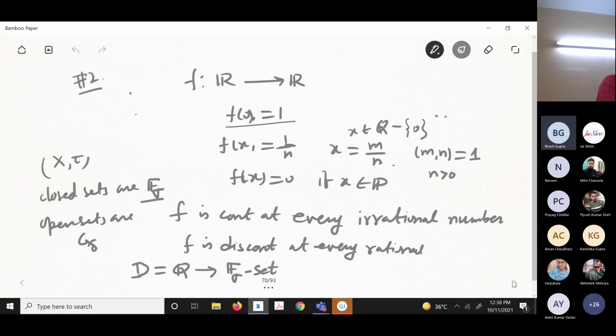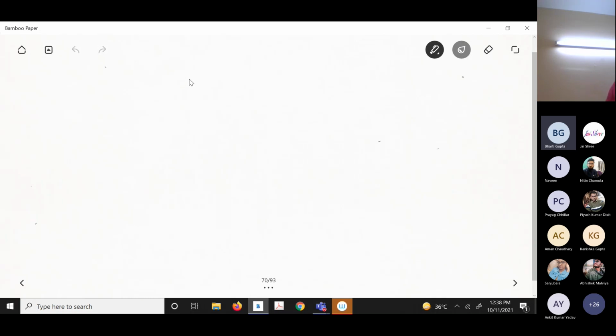It doesn't matter. That means any topological space, real valued function. I have taken the result. I want to prove it here. Okay, that I want to do through oscillation.